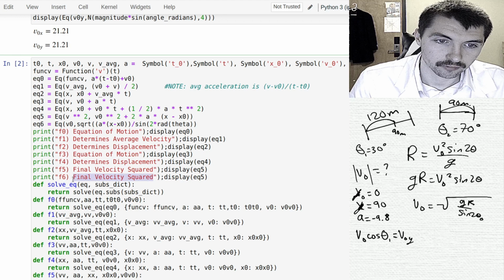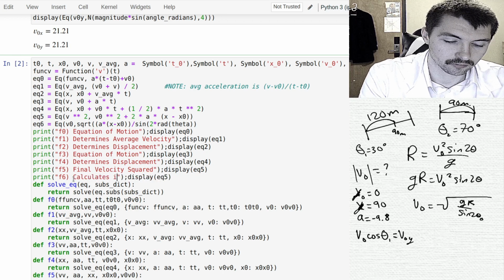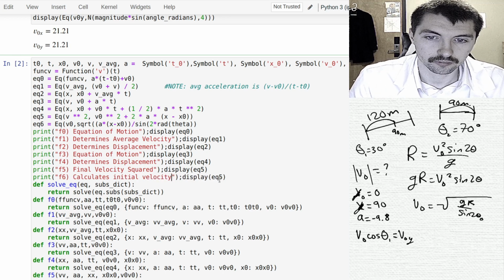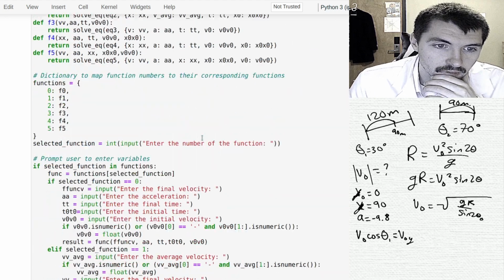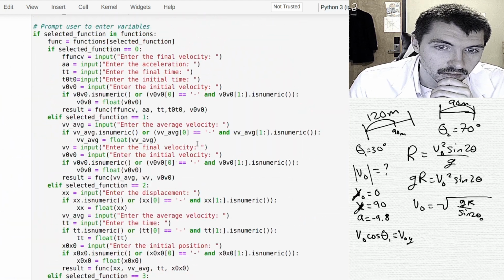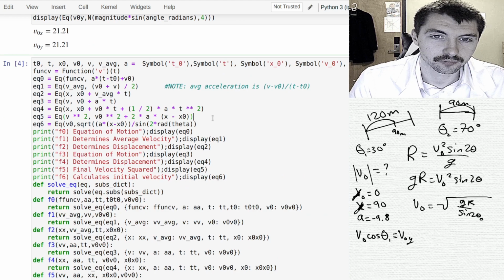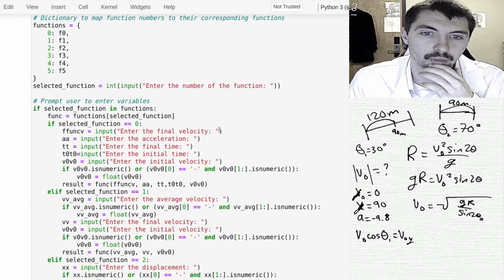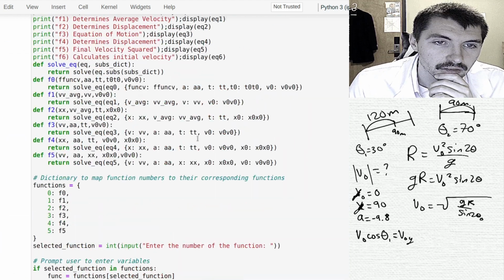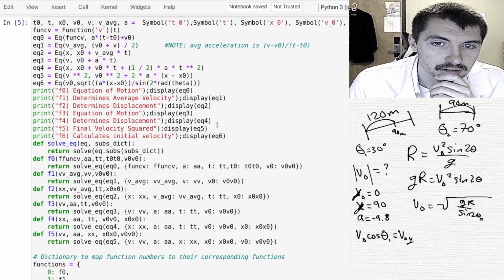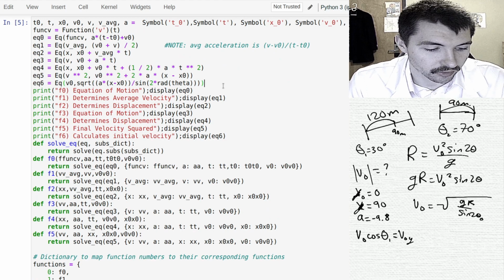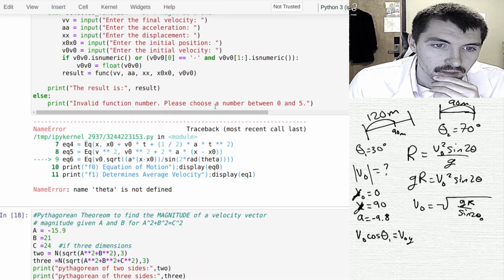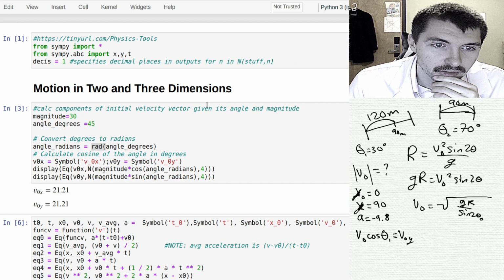Oh, so many parentheses. Theta is not defined. Okay.